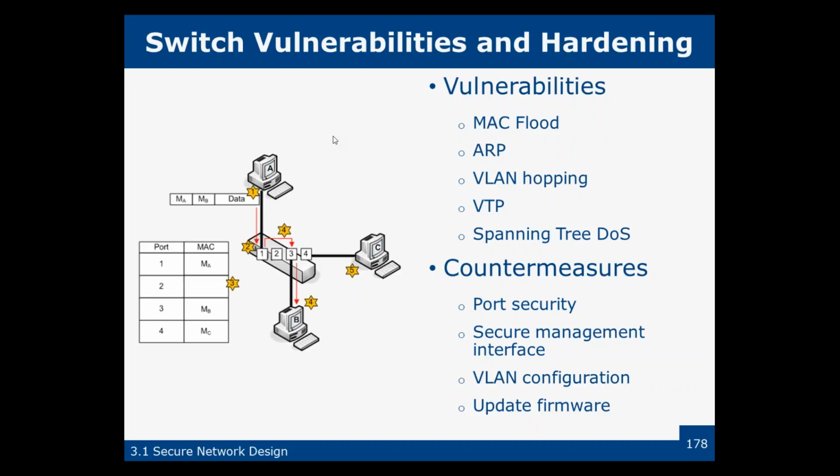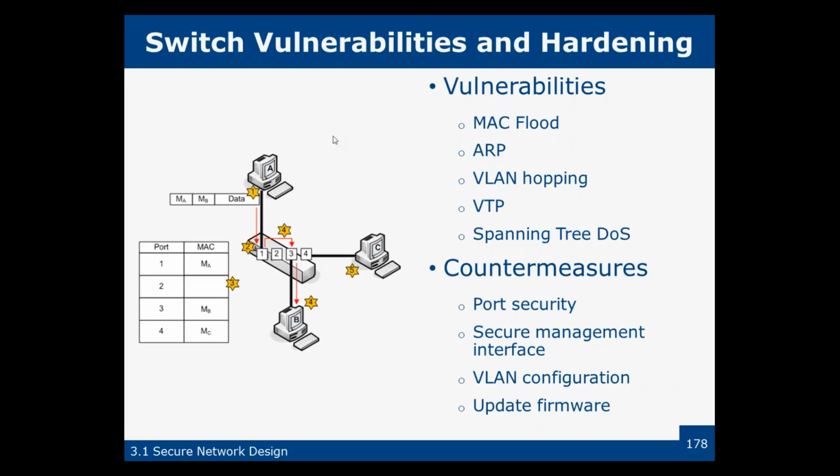VLAN Trunking Protocol, VTP, is used to establish trunks and to share information about the VLANs. The trunking protocol can be an issue because if it's set up for auto negotiation, we can create a trunk on a port that we don't necessarily want a trunk on.